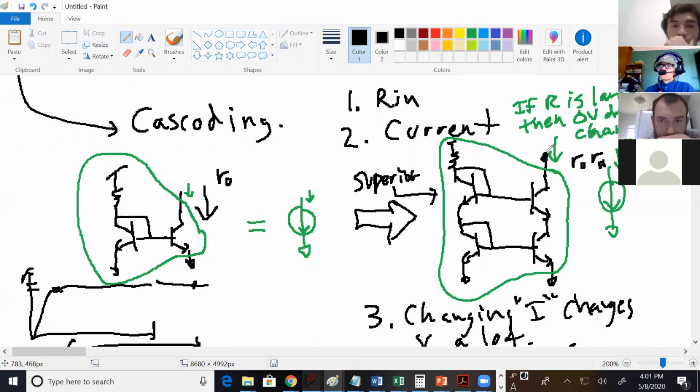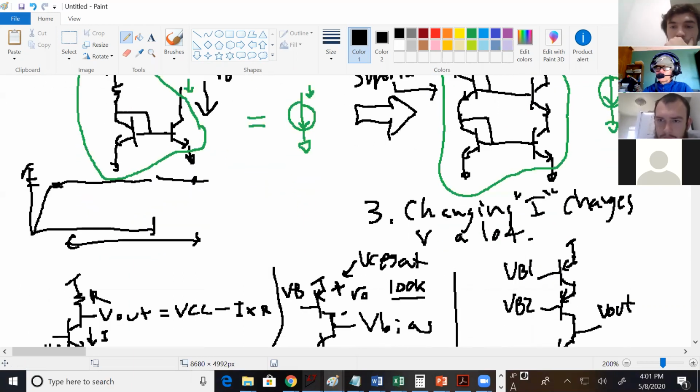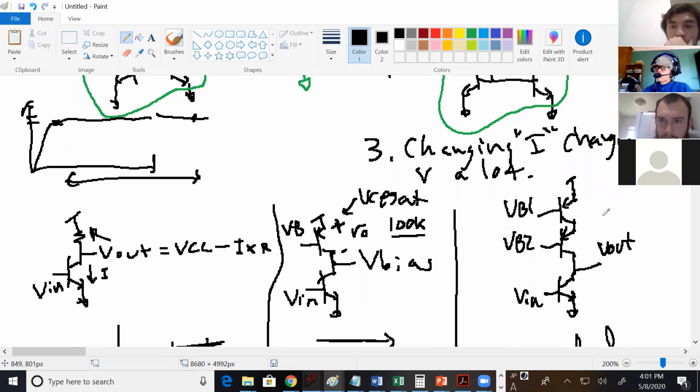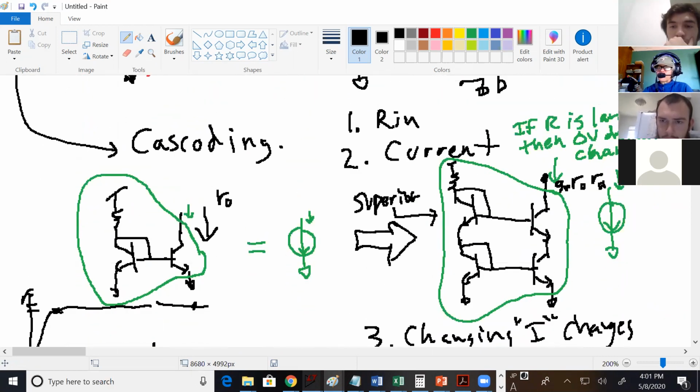So cascoding gives you a great current source. And we'll look at that a little bit more. The rest of what I told them was about what we saw with cascoding the load. But anytime you can increase the perceived resistance, you just made it a better current source, and that's why cascoding is used any place you need a really good current source.